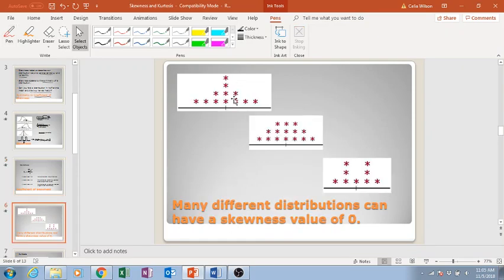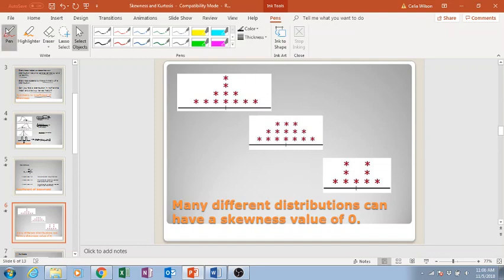Here's an example of 3 small data sets, 3 distributions that all have a skewness value of 0. Imagine this is our mean, marked with the little line on the x-axis, or the number line. If we folded this distribution in half on the mean, you can see that the 2 halves would match.